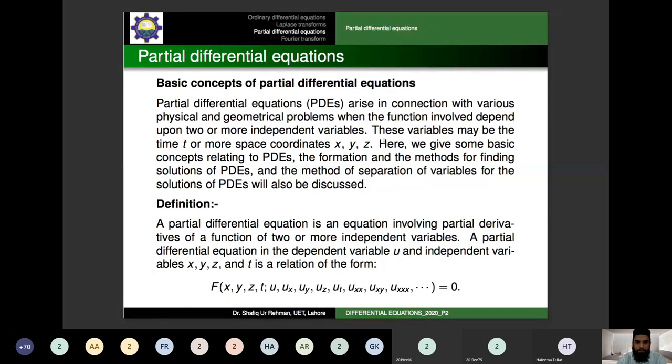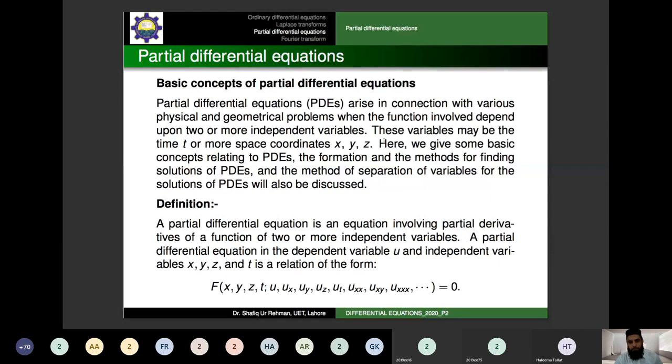So keep an eye on the difference between ordinary and partial derivatives. We are going to talk about partial differential equations. Surely it is going to be a differential equation, but because of the name partial, we are expecting that the dependent variable is going to be a function of more than one independent variable.